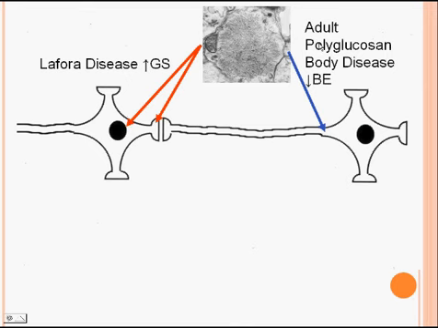In adult polyglucosan body disease, the polyglucosan bodies are in the axon or in the axon hillock here at the beginning part of the axon. Lafora disease, we believe, is due to increased glycogen synthase activity, and adult polyglucosan body disease is caused by decreased branching enzyme activity.